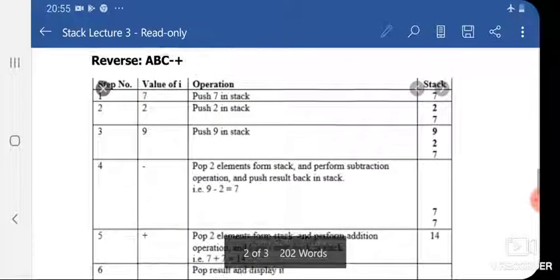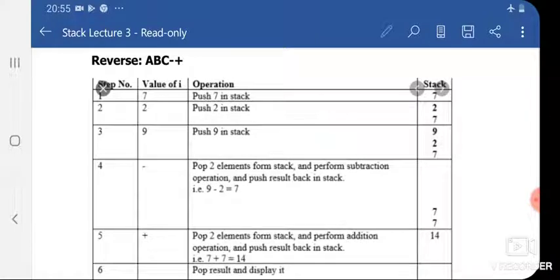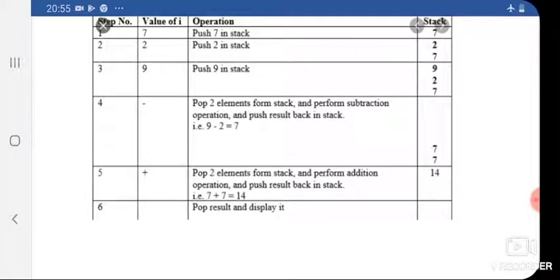Then the next incoming symbol is nothing, that is we have reached the end of the string. Finally we pop the value from the stack, that is we pop 14 and we print our result as 14. So this is how evaluation of a prefix expression is done.